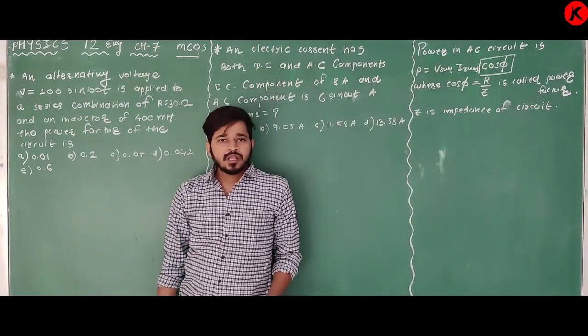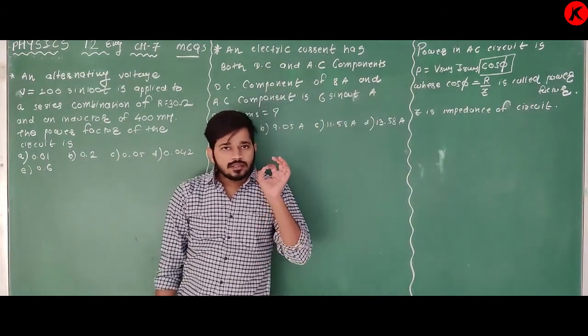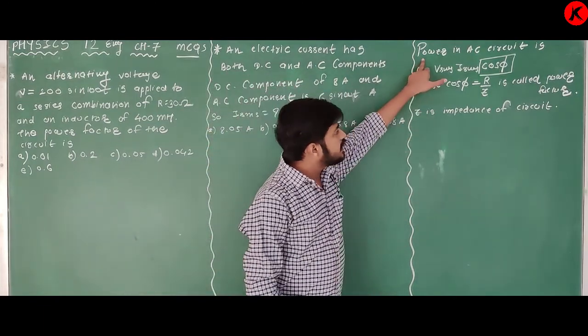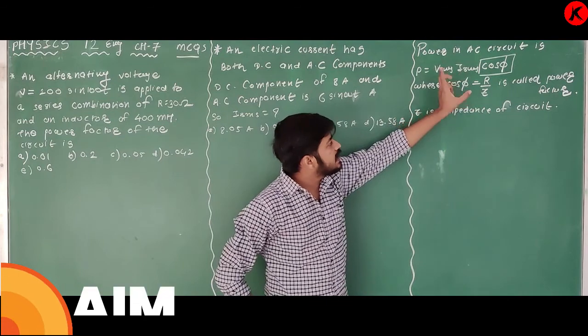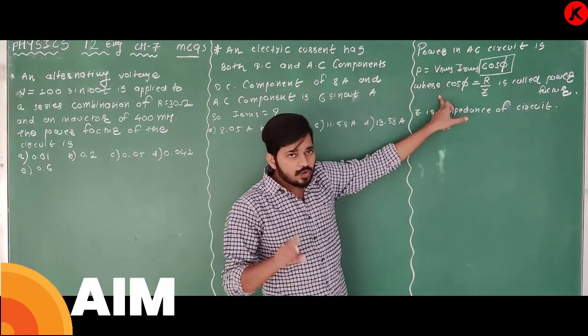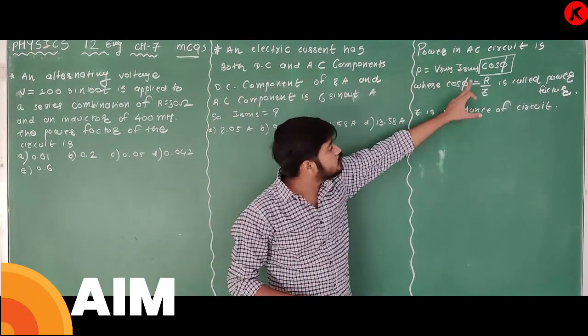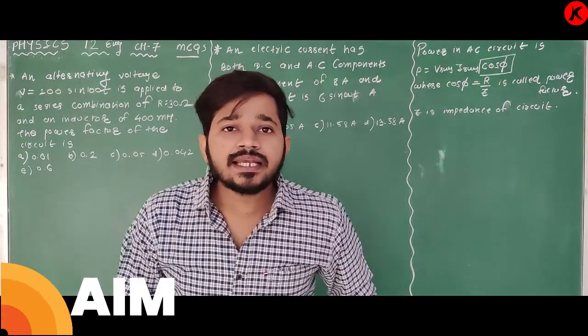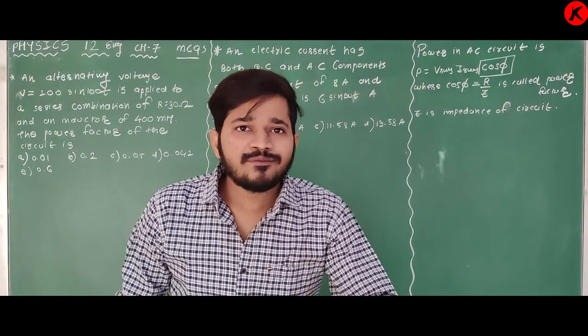Clear about this? So first of all, you must know the equation of power. Power in AC circuit P is equal to Vrms Irms cos phi, where cos phi is called power factor. Cos phi is equal to R upon Z, where Z is impedance of the circuit. You will be given which type of circuit.